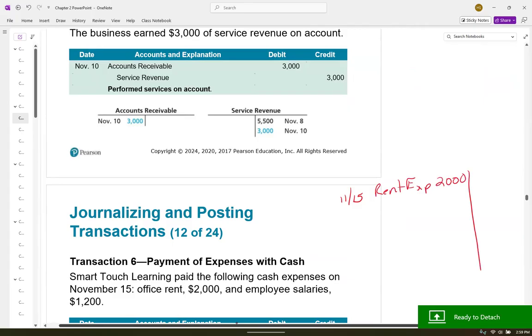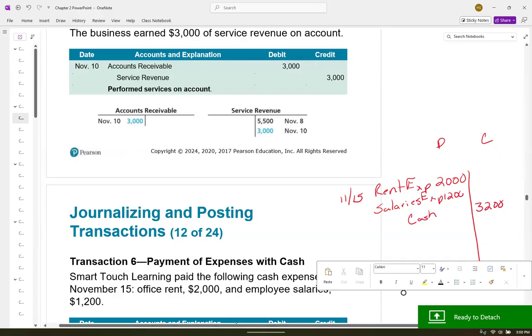I don't really like them making a compound entry here, but it is what it is. Okay. Because you're probably going to write one check. It looks like we're writing one check here, and we're probably not paying the rent to the same people that are our employees. Okay. And we're going to credit cash for 3,200.